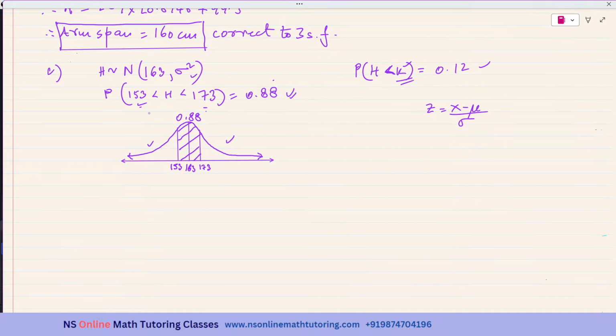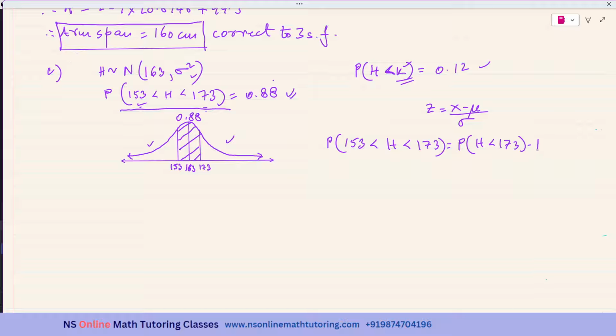Why do we need this? Because this P of h greater than 153 but less than 173, 153 is less than h is less than 173, can be written as P of h less than 173 minus P of h less than 153.